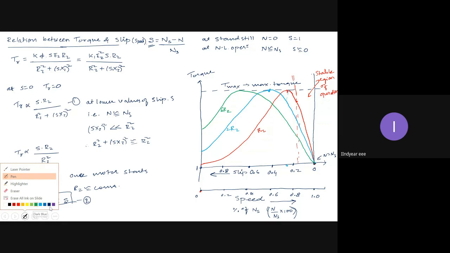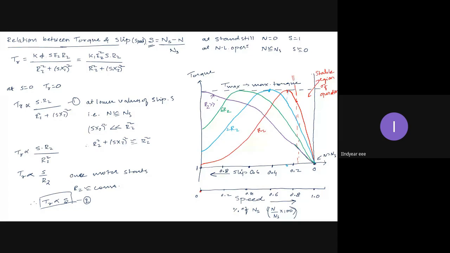Now, if I further increase R2 to a much greater value, the slip at maximum torque increases further.